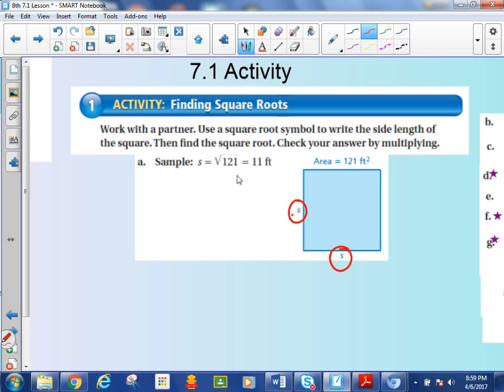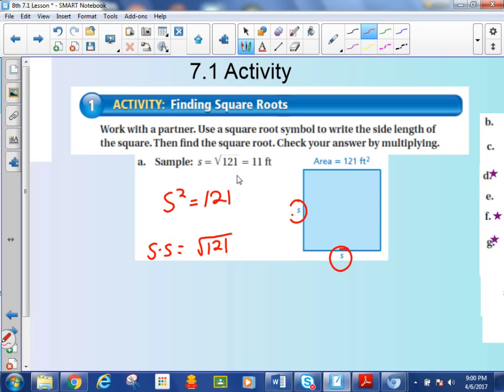So S times S gives us S squared, which has to equal 121. If we want to figure out what S is, we have to find the square root of 121. We have to find what number times itself, S times S, is going to give us 121.